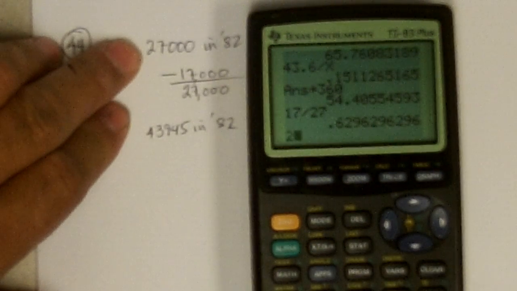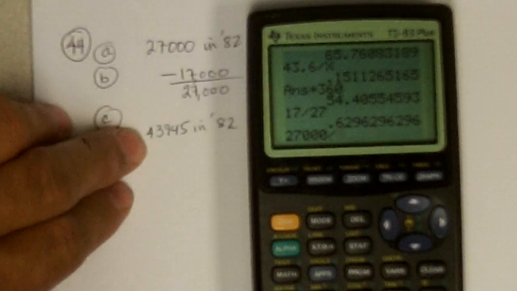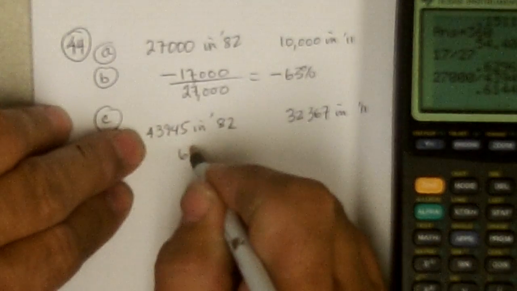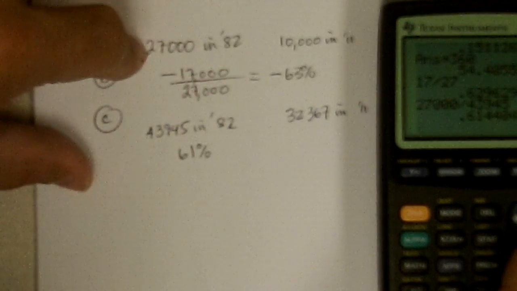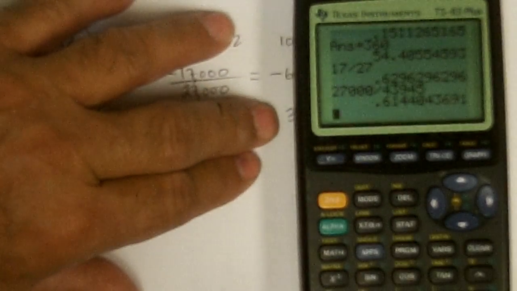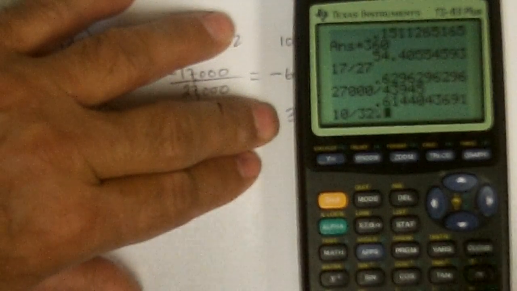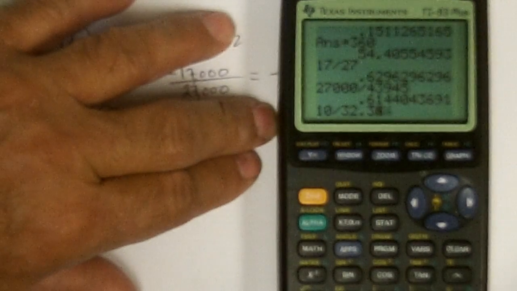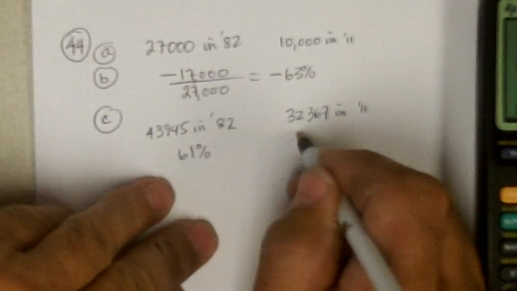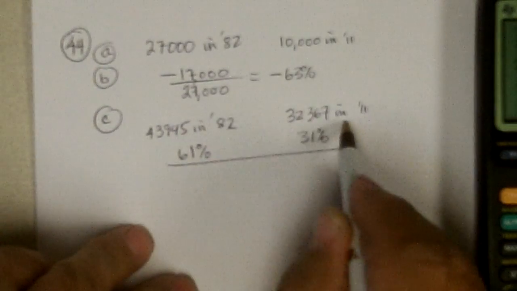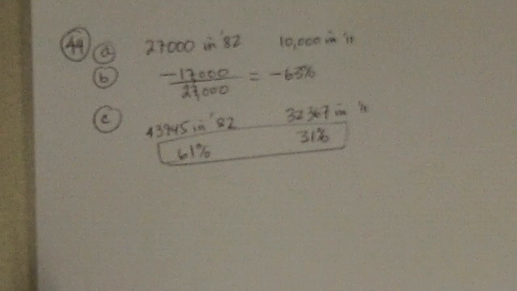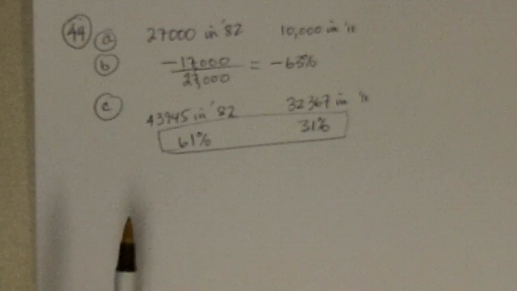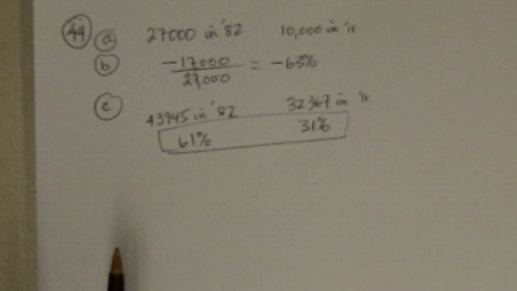So 27,000 divided by 43,945, there was 61%, and then it went to 10 out of 32,367, about 31%. So the alcohol related deaths dropped, the percentage of accidents that are related to alcohol dropped by almost half over that time period.